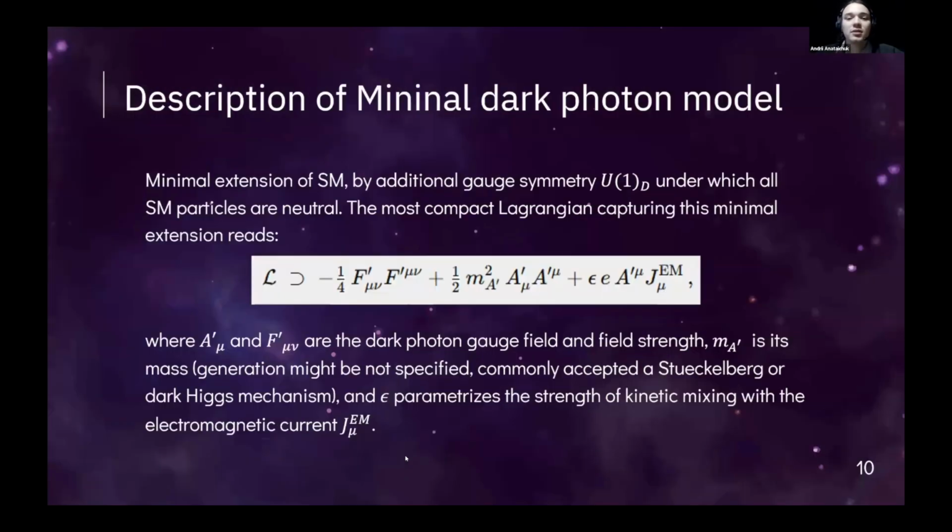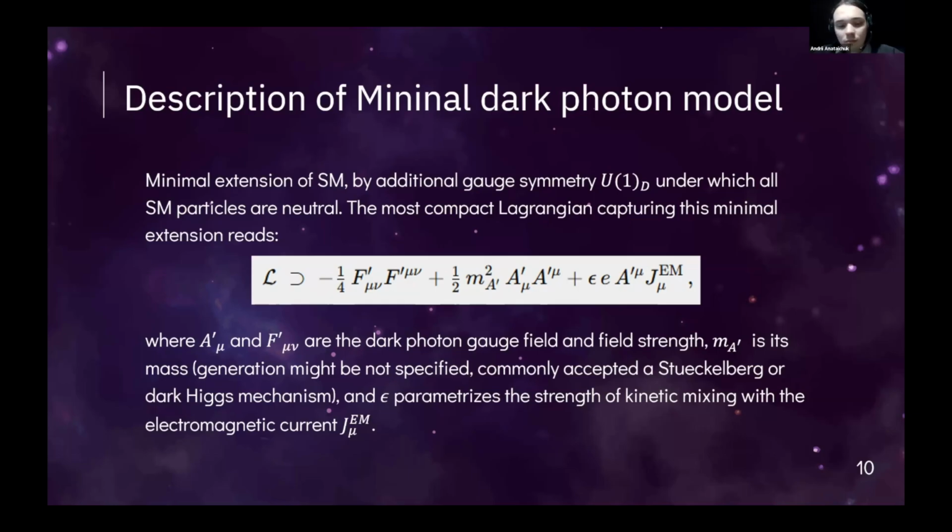In our case, we started to implement this for just one model. This is the minimal dark photon model that I spoke about earlier. I will not go very deep into it. Basically, we have the dark photon, a particle which we refer to here as A prime.